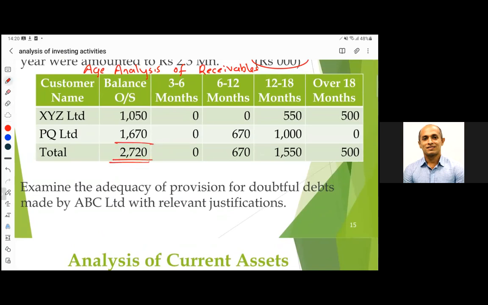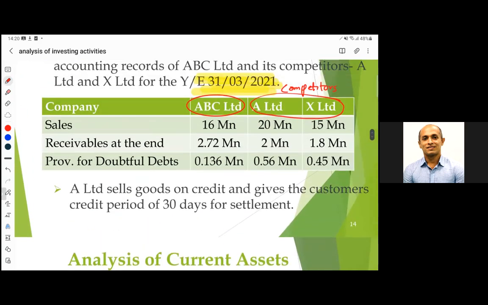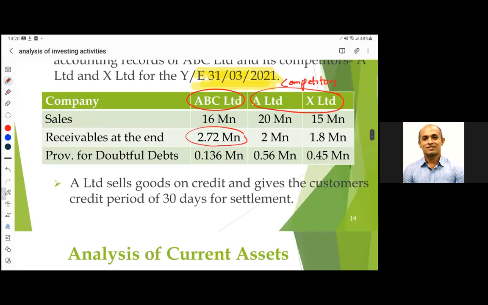You have only 2 customers. The total outstanding balance is 2,720,000. In millions, 2.72 million. Now you see your outstanding balance, 2.72 million.